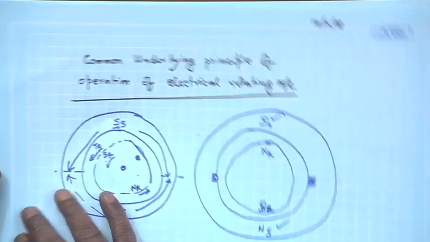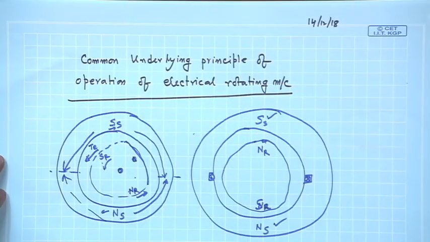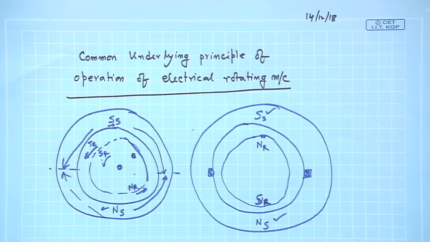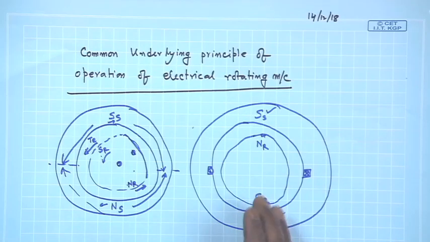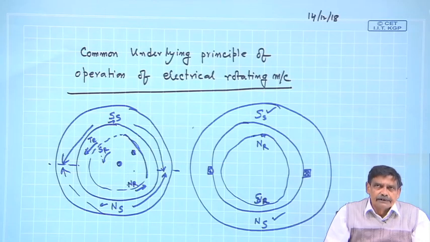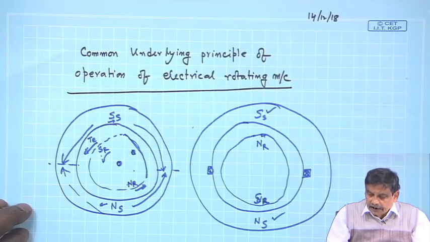Last time we were discussing the common underlying principle of operation of rotating electrical machines, and there I told you that for the production of steady electromagnetic torque, one of the conditions all standard machines must satisfy is that the relative speed between the stator field and rotor field must be time invariant.